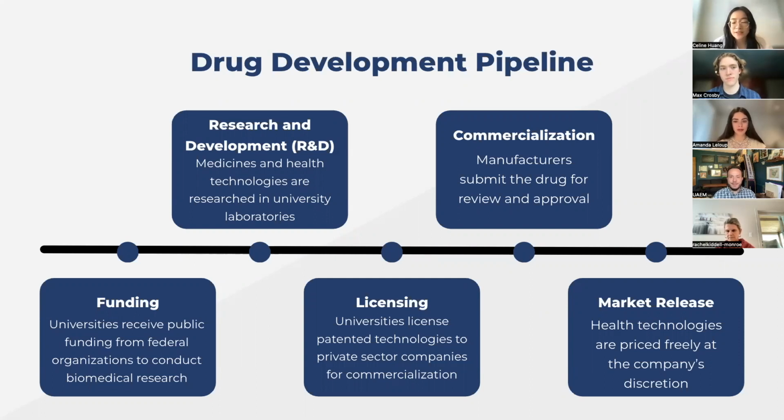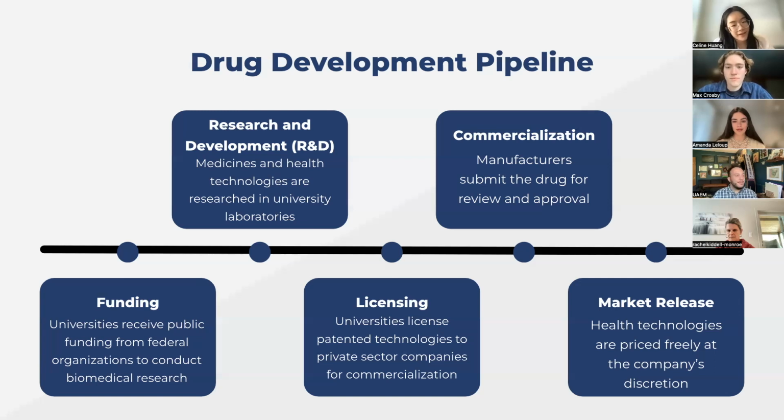So this funding is used in university labs to research and develop CanRep, which allows the universities to own the intellectual property rights for medicines and control the patents for these health technologies, meaning that universities have the power to decide and restrict who is able to use and manufacture the products of their research.